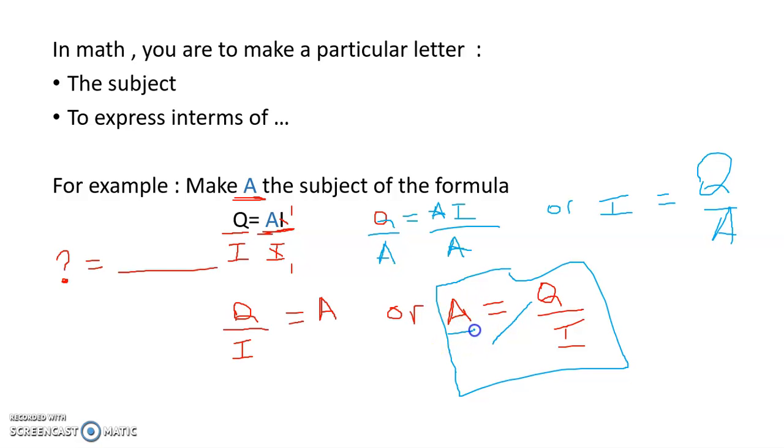Turn this into a fraction first, which would be over 1, cross multiply, and you get Q times 1, which is Q, equal to A times I, AI.